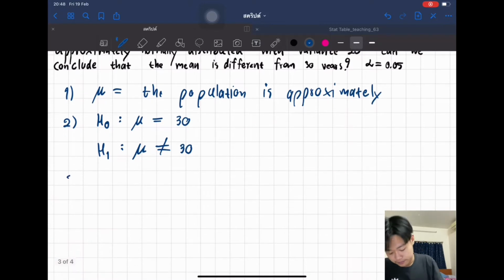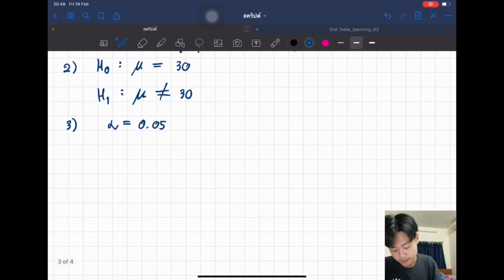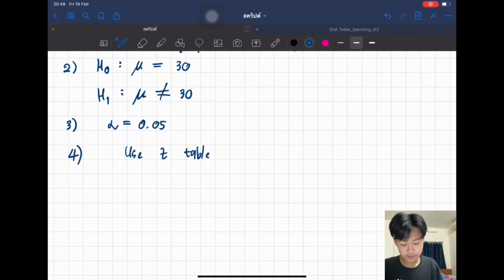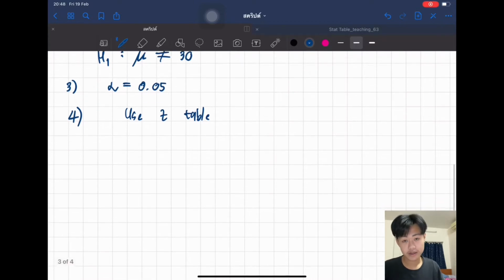Next step, significance level equal 0.05. Use the z table.